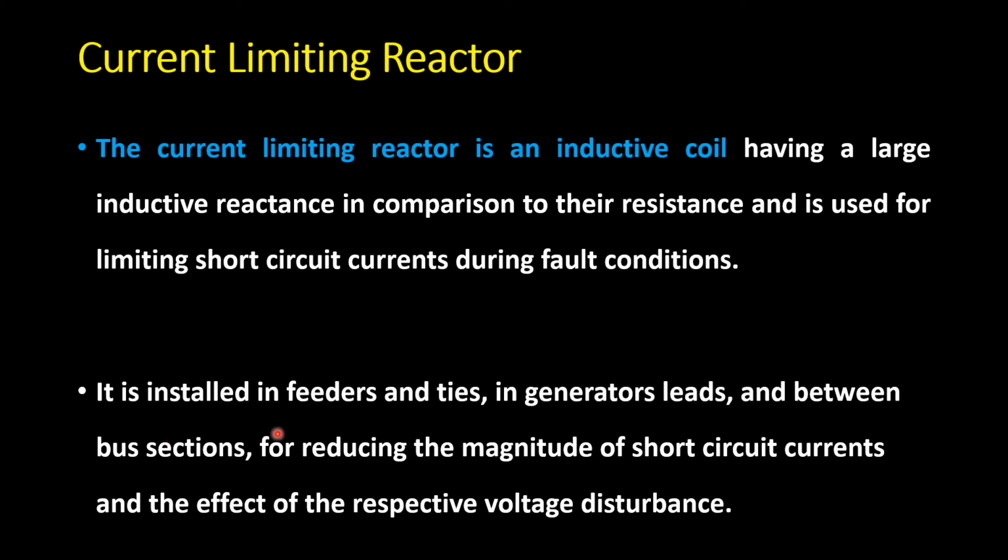It is installed in feeders and ties, in generators, and in between bus sections for reducing the magnitude of short circuit currents and the effect of the resulting voltage disturbance.